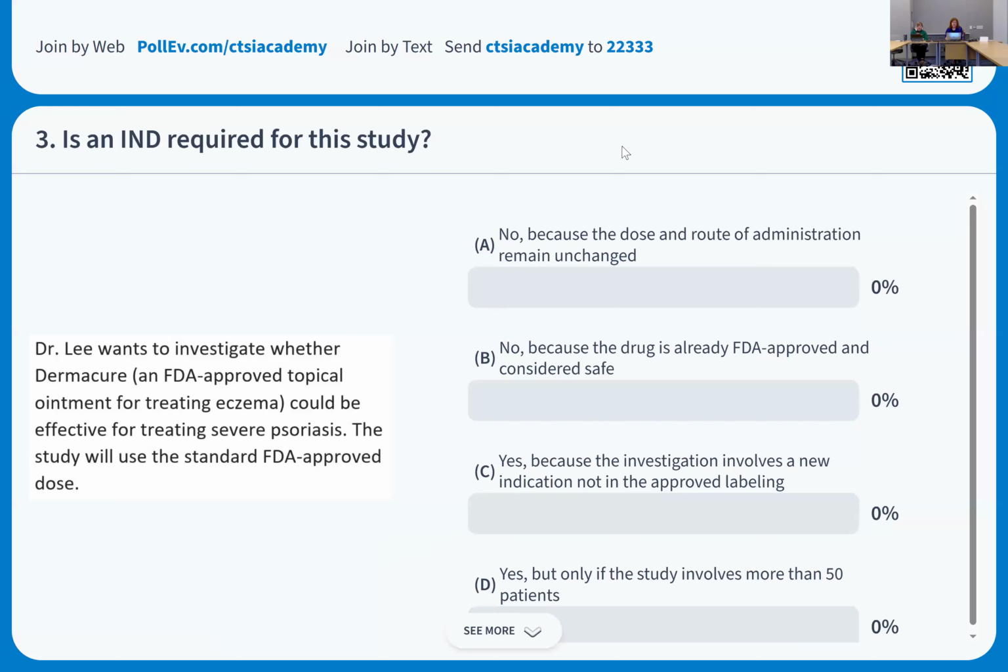All right, halfway through here, Dr. Lee wants to investigate whether Dermacure, which is FDA approved for eczema, could be effective for treating severe psoriasis. And he wants to use the standard FDA-approved dose.